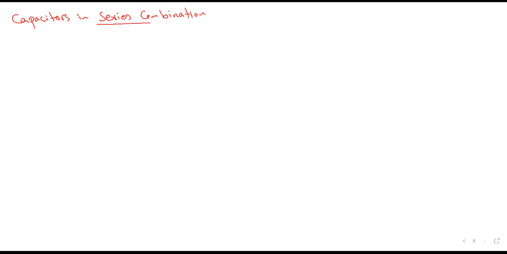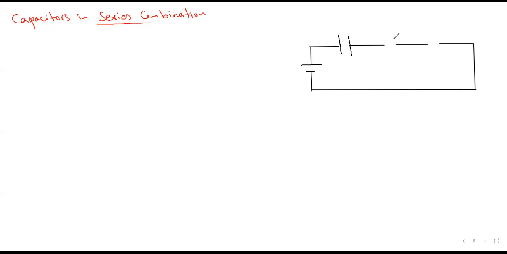So we can draw the diagram like this. Let me call this capacitor number one, this is two, this is three, and this is battery V.